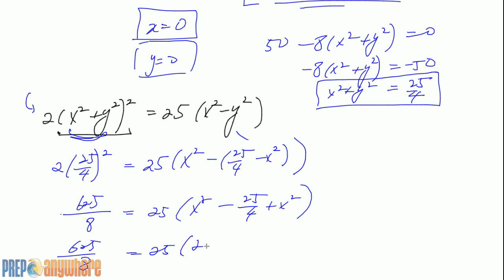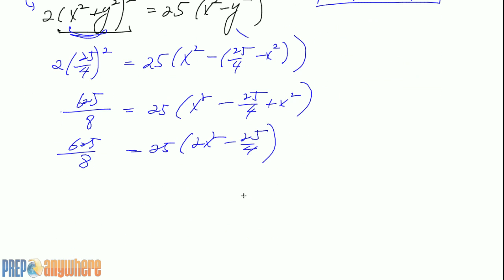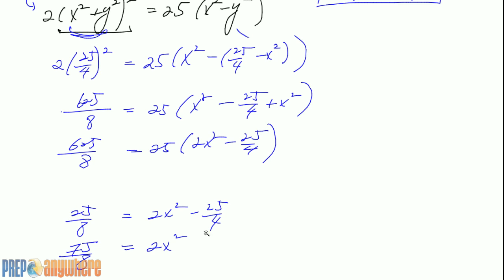Let's divide both sides by 25, and we get 25 over 8. Let's add 25 over 4 to both sides, and you get 75 over 8. Now if you divide both sides by 2, you get x squared is equal to 75 over 16.